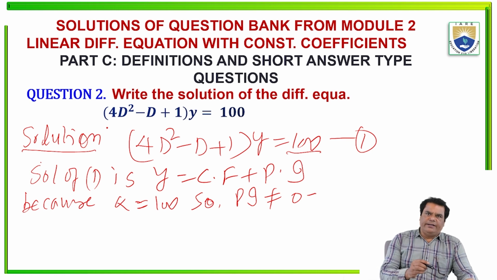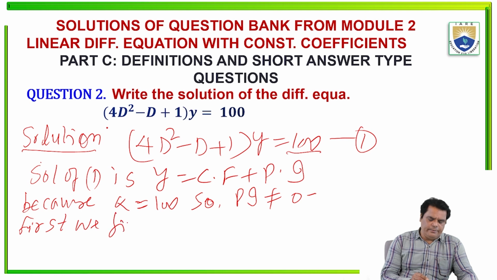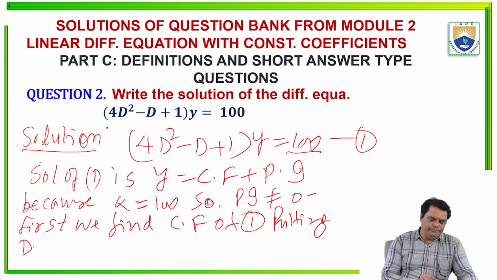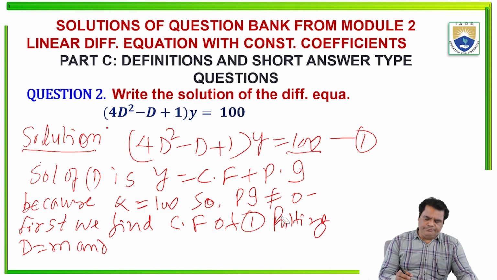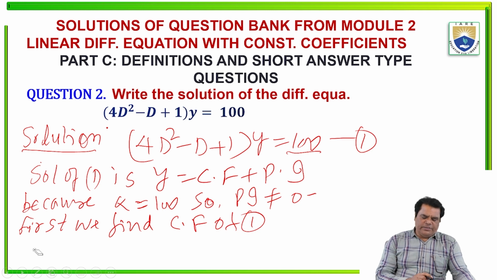First of all, we find the CF of 1, the complementary function of 1. So putting D equal to m, first we find CF of 1.